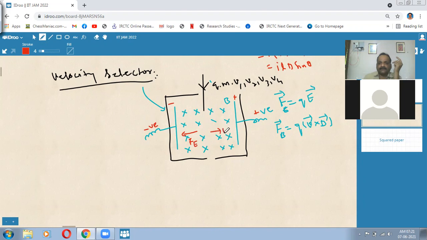Force due to magnetic field will be acting towards our right. Means now electric and magnetic forces are acting in opposite directions to each other.